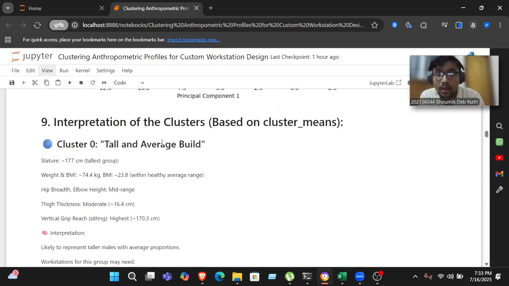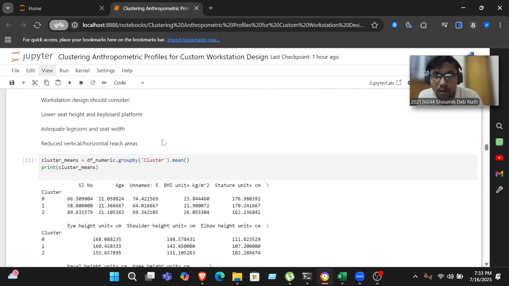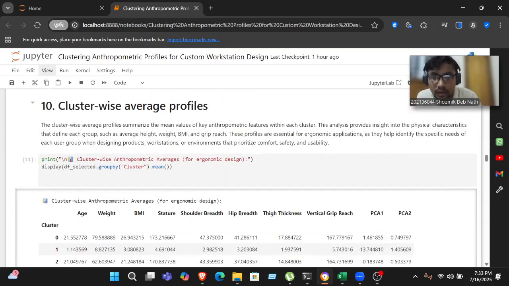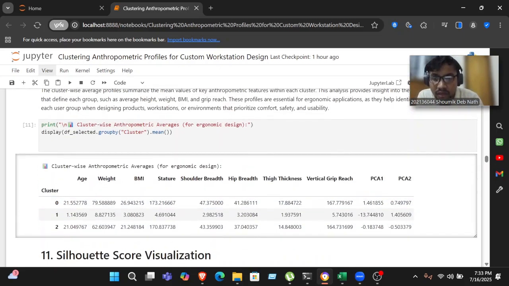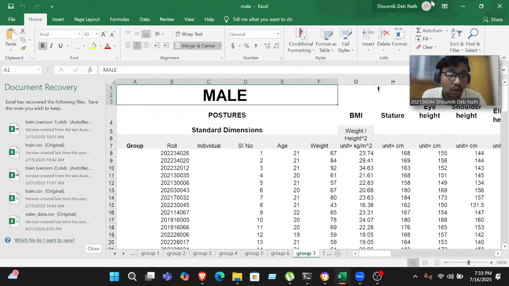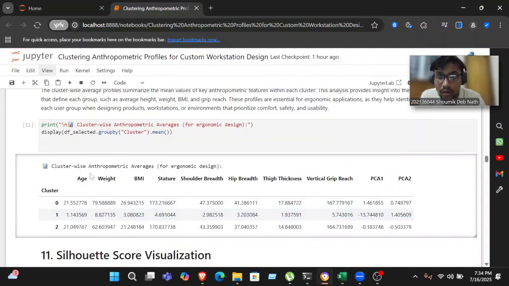So now I'm going to talk about the cluster-wise average profiling. What I did here is the specification-wise averages that I have conducted. As you can see, for clusters 0, 1, 2, there are various specifications according to my data set, like age, weight, BMI, stature, shoulder breadth, hip breadth, and so on.